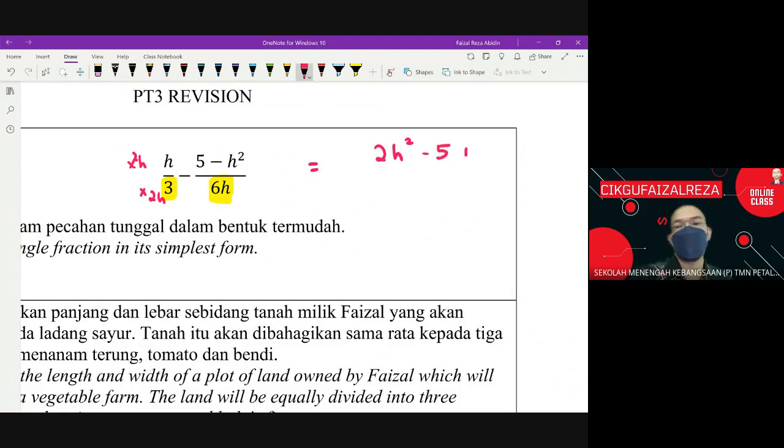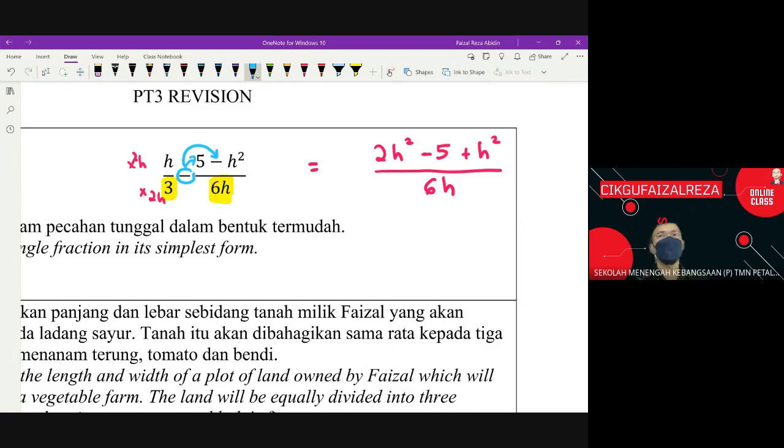Negative, you are going to get positive h squared. Careful over 6h. Then minus with 5, you are going to get negative 5. Minus with negative h, you are going to get positive 10.